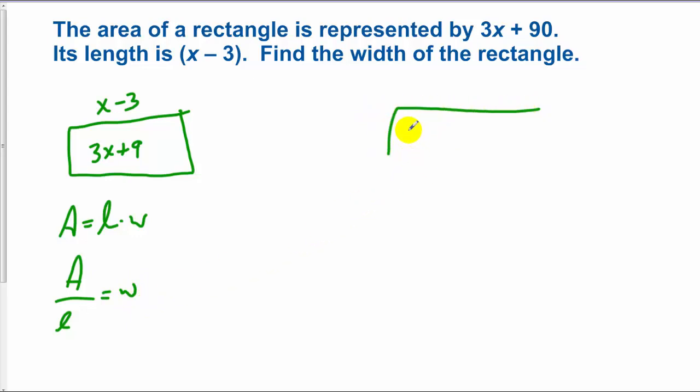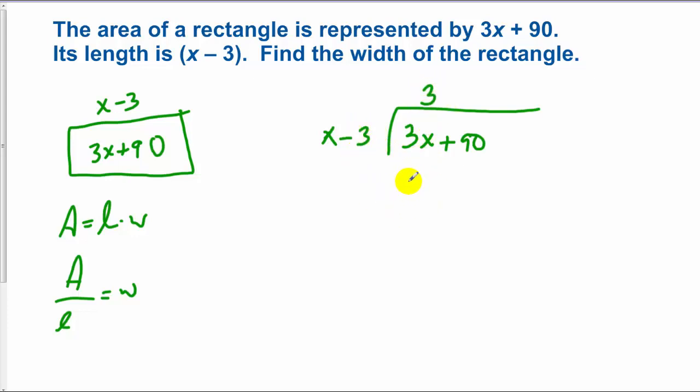So let's say I have 3x plus 90. And I'm going to divide x minus 3 into that. I say what multiplied by x is equal to 3x, and that's simply 3.